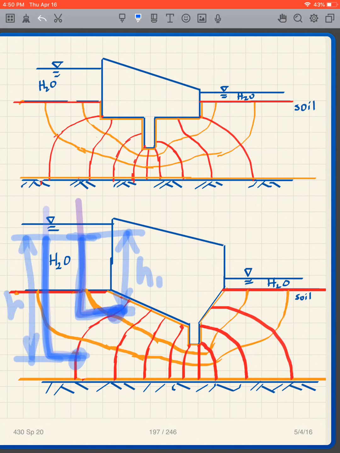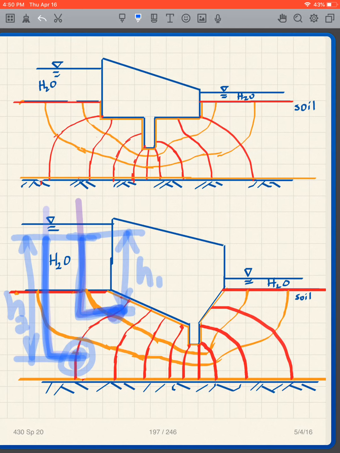This would be H2. And H1 and H2 are not the same, so that H2 gamma W would be greater than H1 gamma W. So the pore pressure at this lower point would be greater than the pore pressure at the shallower point. So again, we have the same head, but not the same pore pressure.